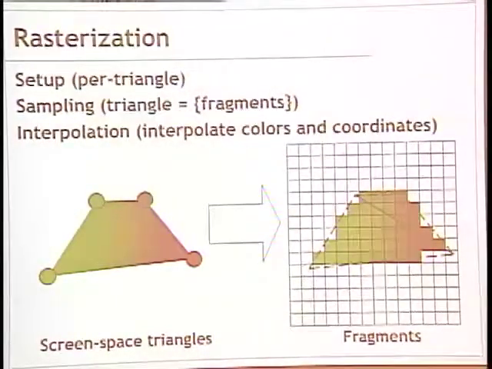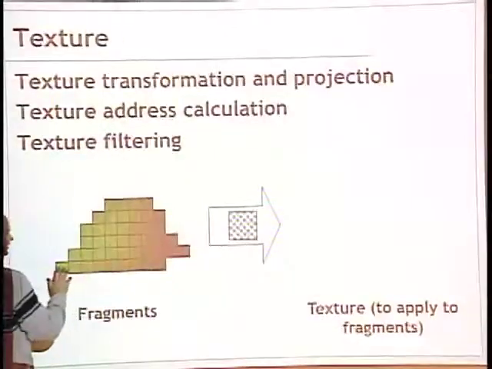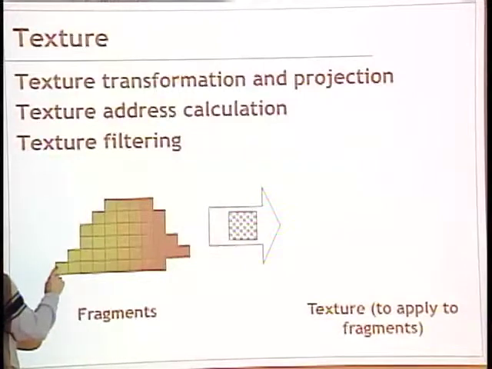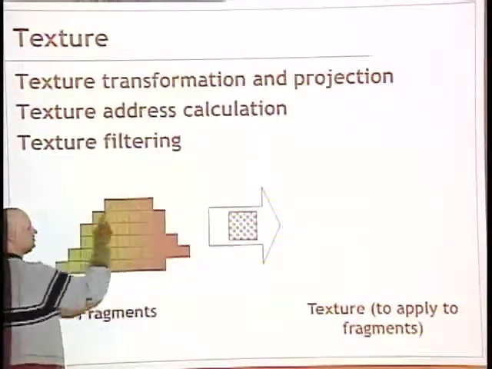Okay. Next part is texturing. So now we have these cool interpolated color fragments here. We want to apply this checkerboard texture to them. Now what we have to figure out is, what are the coordinates of this texture? When specified here, we could say that corner corresponds to this vertex, that corner corresponds to this vertex, that corner corresponds to this vertex.